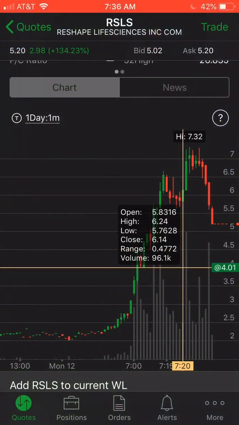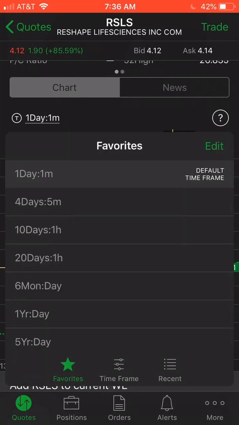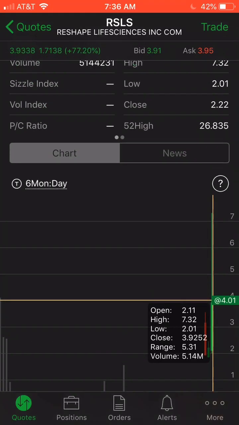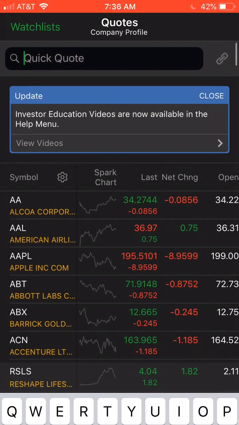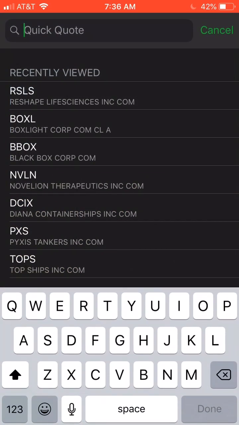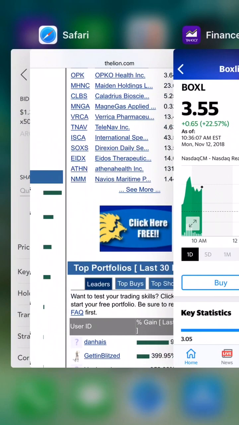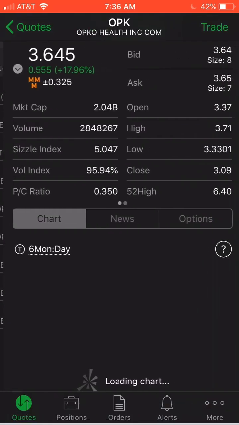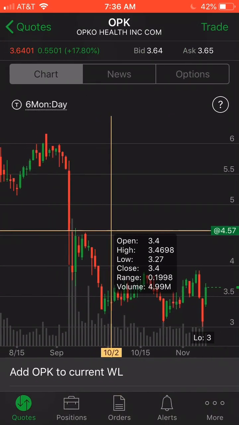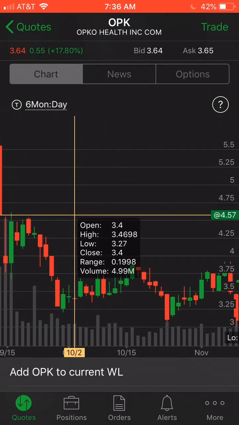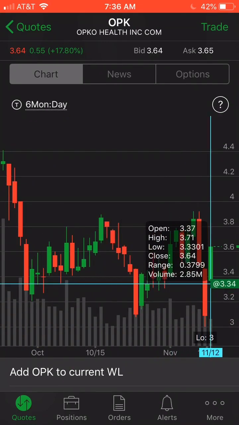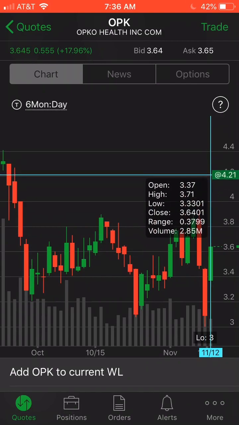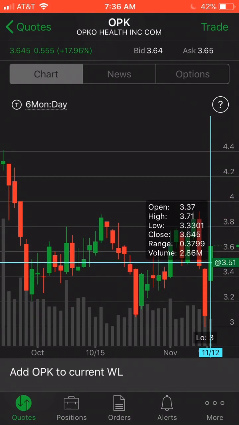I'll go here, and I would like to first just look at a daily chart to quickly see the volume. So what was that stock? I already forgot. OPK. So yeah, it doesn't look like anything special today because I like to see a big spike and high volume on the day for a penny stock.